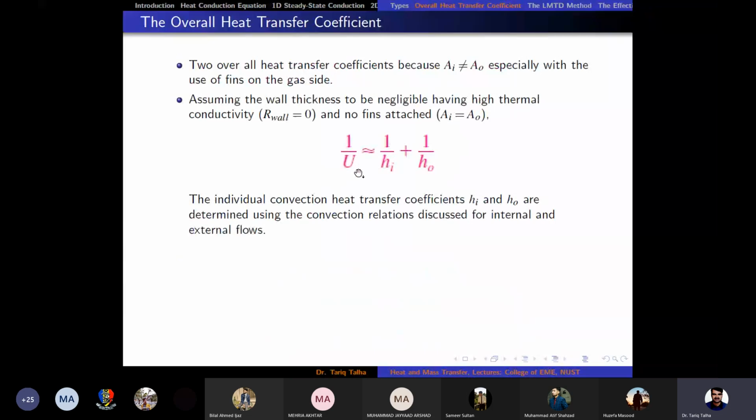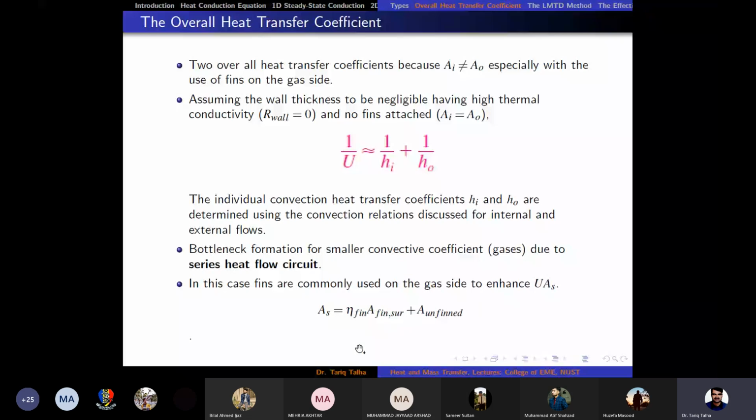In that case, we can simply write U is equal to this. And if there is a fin, then we can use the surface area of the fin, and we did all this in chapter number 3.